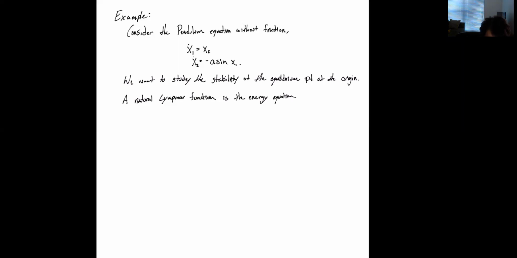We're going to consider V, the Lyapunov function, equal to a times (1 minus the cosine of x1) plus 1/2 x2 squared.